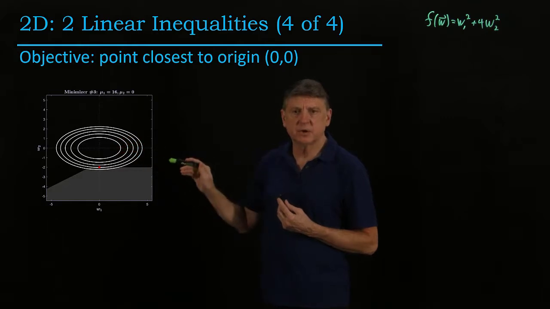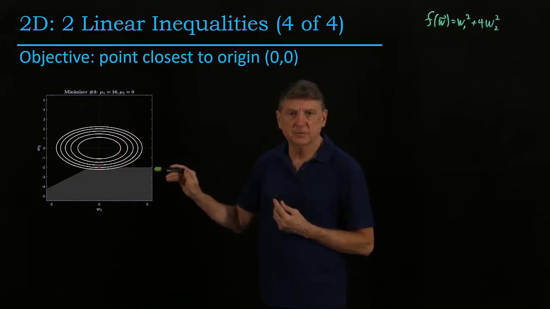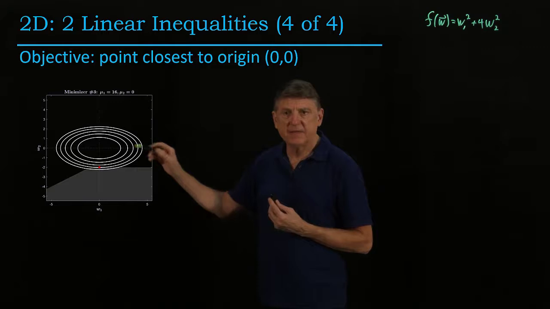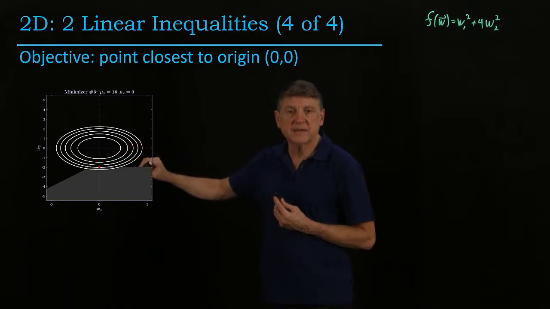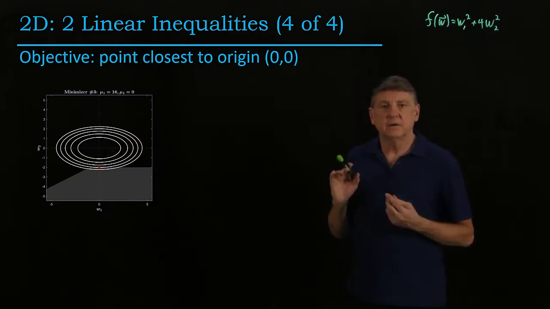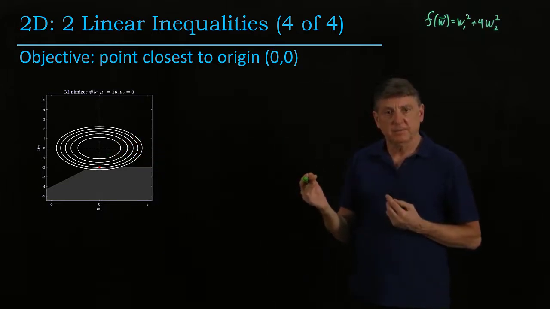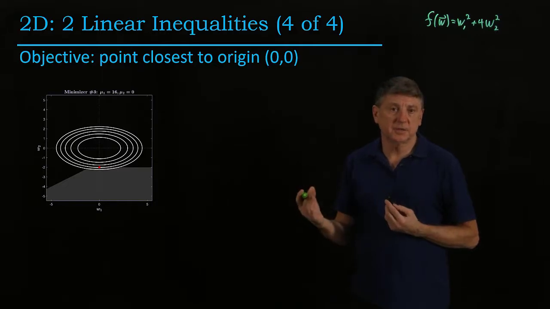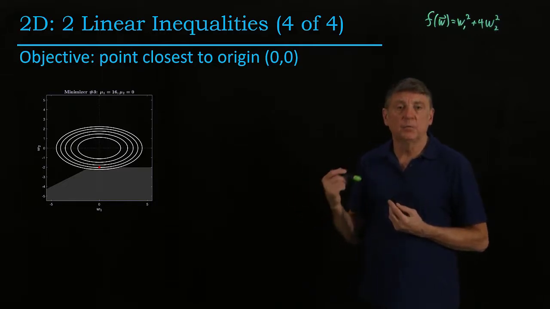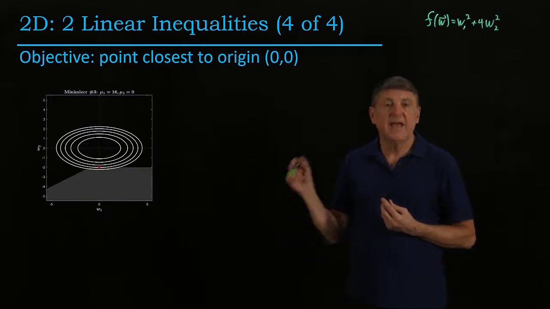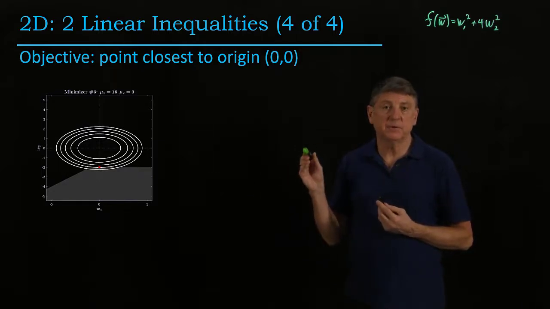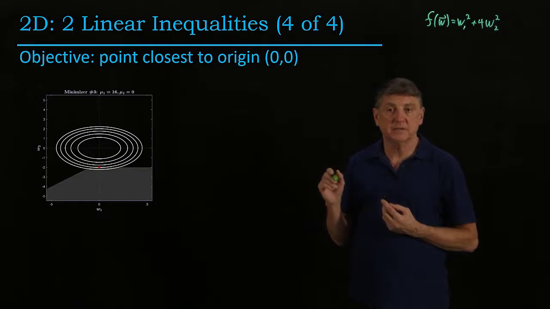One is it's on the boundary of the first constraint, and the other is that if we extend it like this, it's in the interior of the second. So in the first example, the solution to the constrained optimization problem was on the boundary of the feasible set and happened to be on the boundary of the individual constraints.